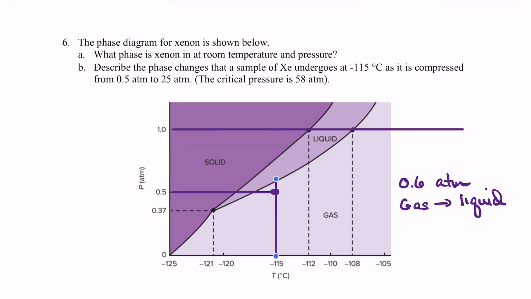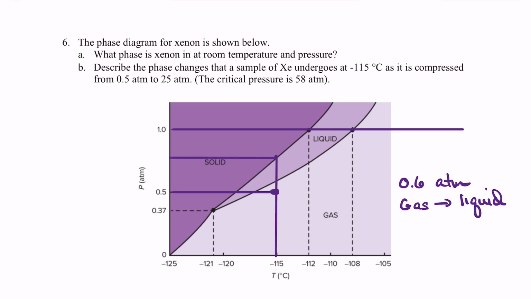So let's just continue up our curve until we reach this point here. And at that point, we're going to convert to solid. And what pressure is that? We can estimate it in the same way.